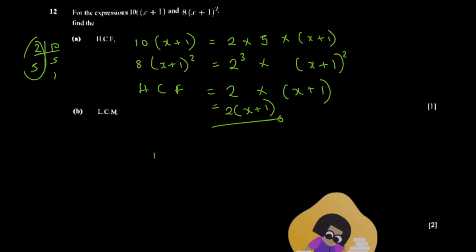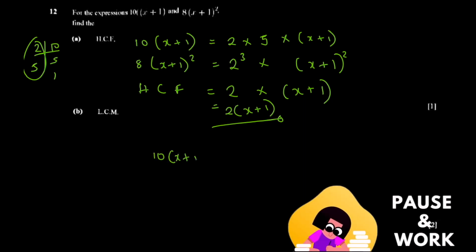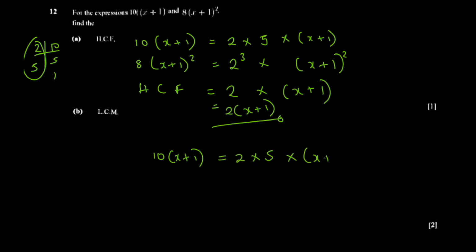Okay, so this is where it gets tricky. So you have x plus 1 just like this, then you get 2 by x plus 1. So the first step is the same for all this. Okay, so squared, then you give 2 to the power 3, then you have times x plus 1 to the power 2 like this. Okay.